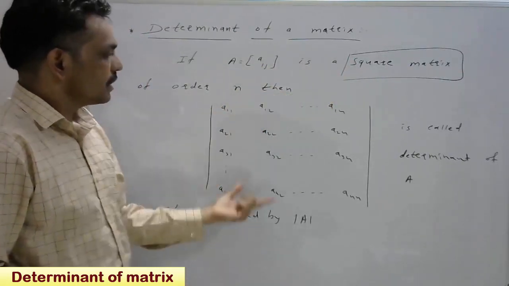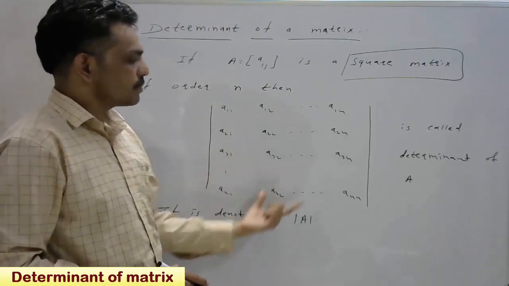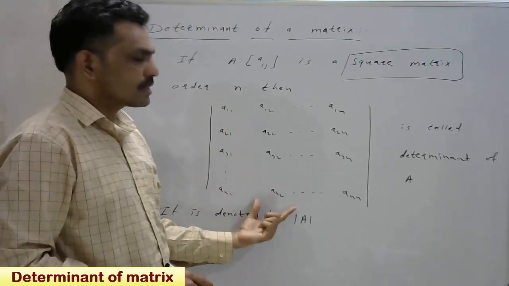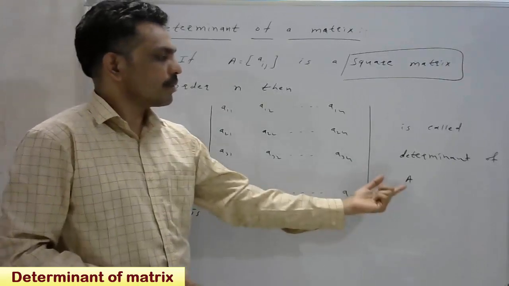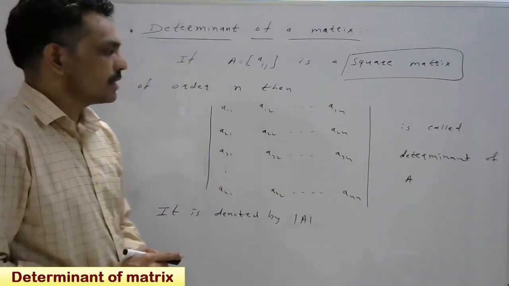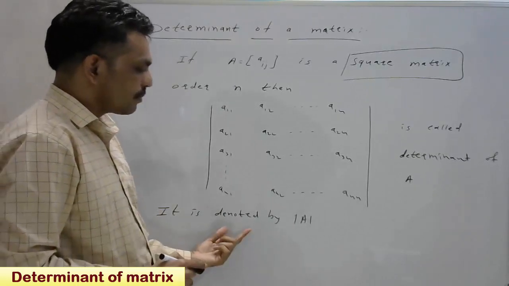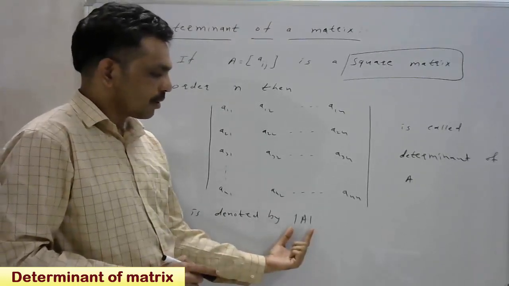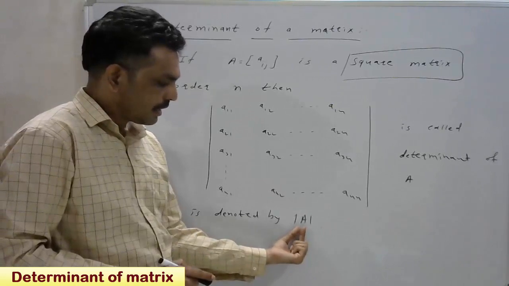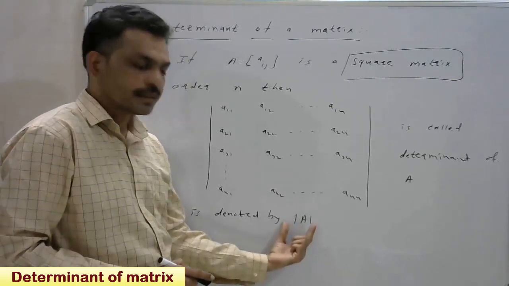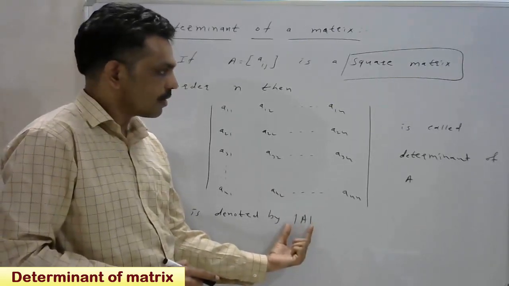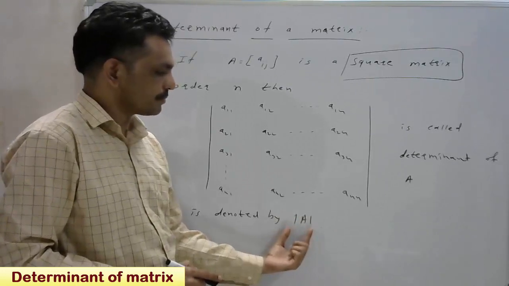Then it is called the determinant of A, and it is denoted by A lying between two vertical lines.